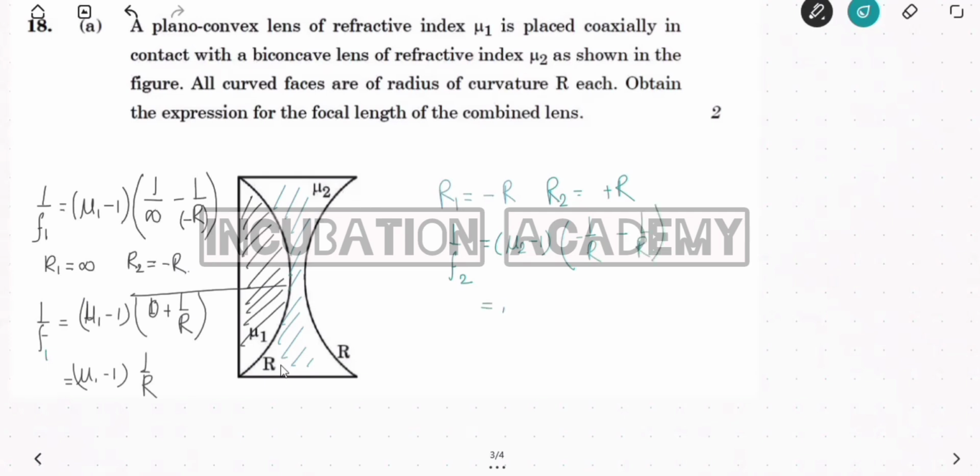So this becomes (mu2 minus 1) times minus 2 divided by R.